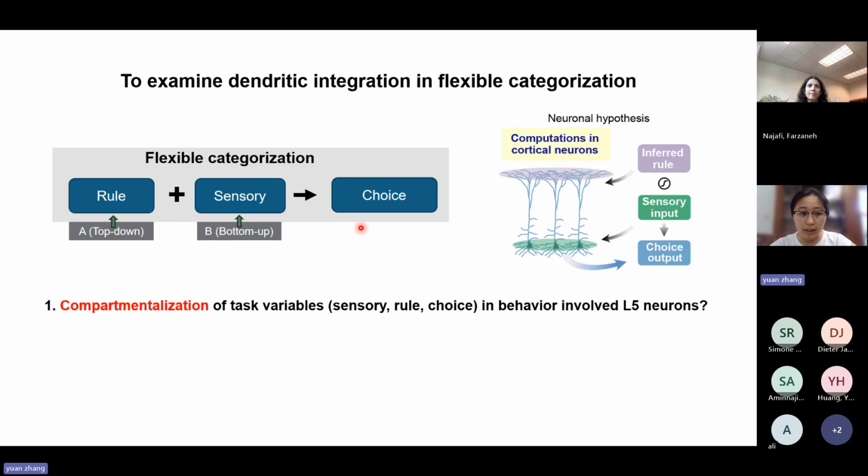So our first question is whether there is compartmentalization in the different dendritic compartments, whether they represent different task variables like sensory, rule and choice in behavior-involved neurons. And the second is, if there is compartmentalization, how dendrites integrate that information to contribute to neuronal output.